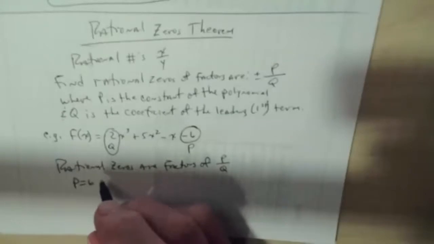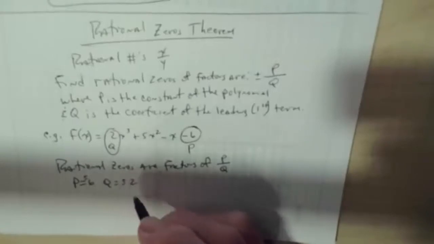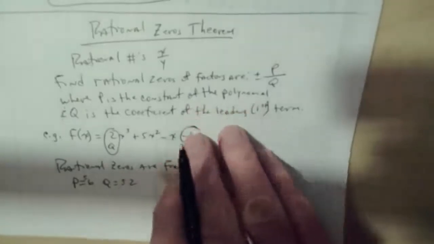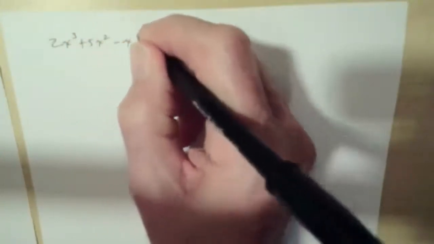Actually, they're plus or minus. And Q is plus or minus 2. So now, okay, so we have this. We have 2x cubed plus 5x squared minus x minus 6.